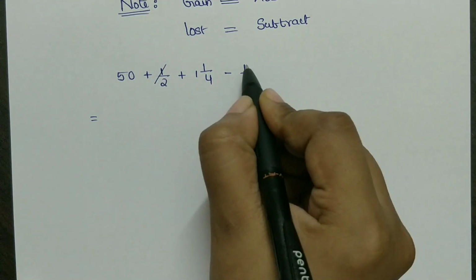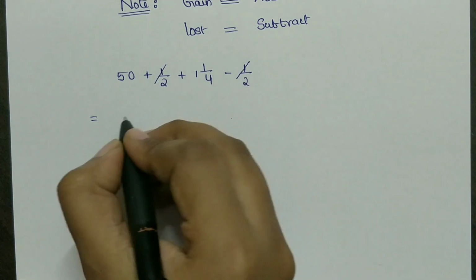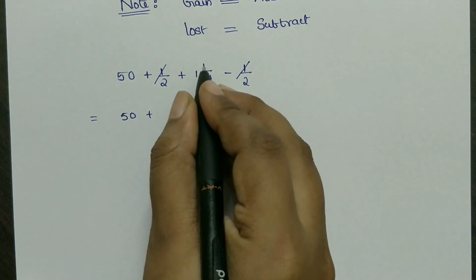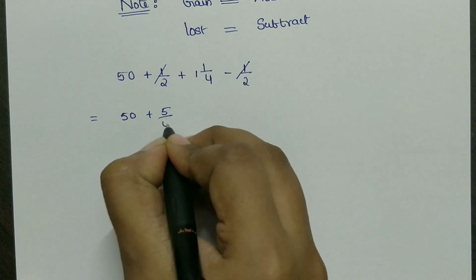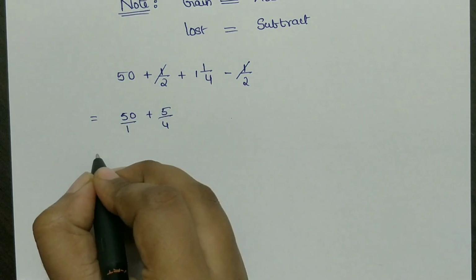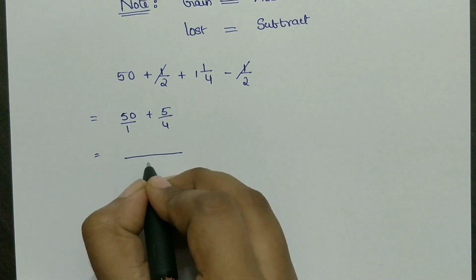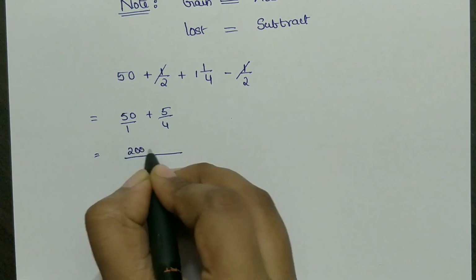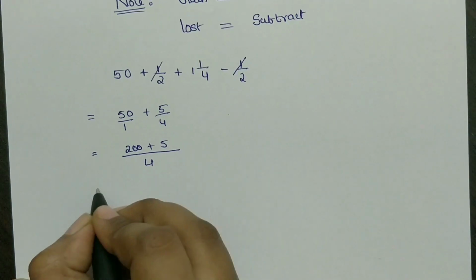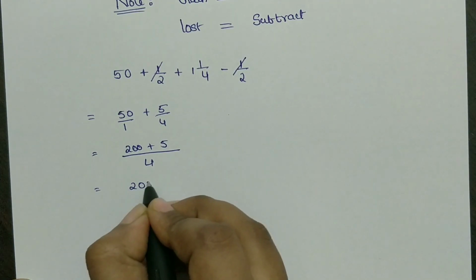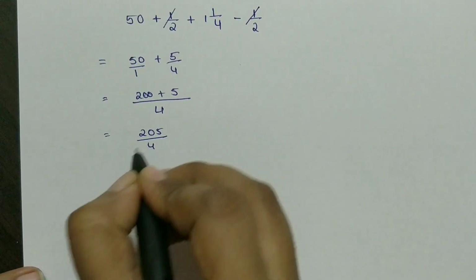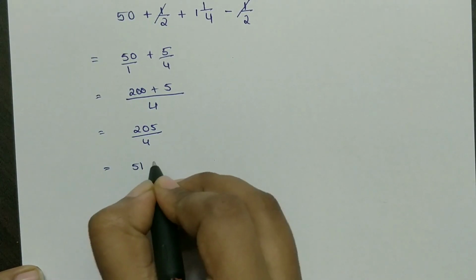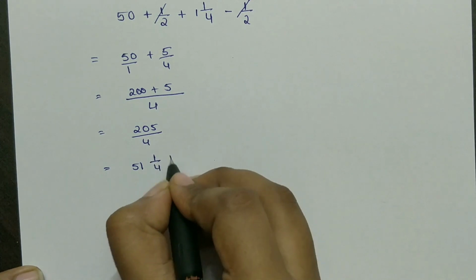Plus 1 by 2 minus 1 by 2 cancel. 50 plus 1 by 4, 4 ones are 4 plus 1, 5 by 4, equal to LCM 4, 4 into 50, 200, plus 5, equal to 205 by 4, equal to 51 1 by 4 kgs.